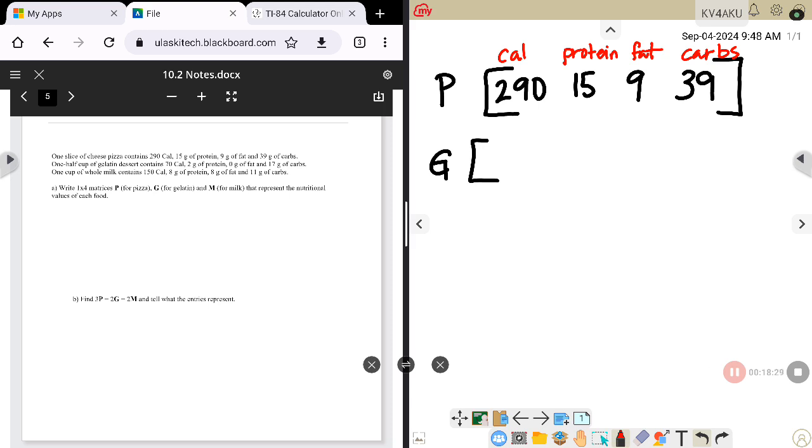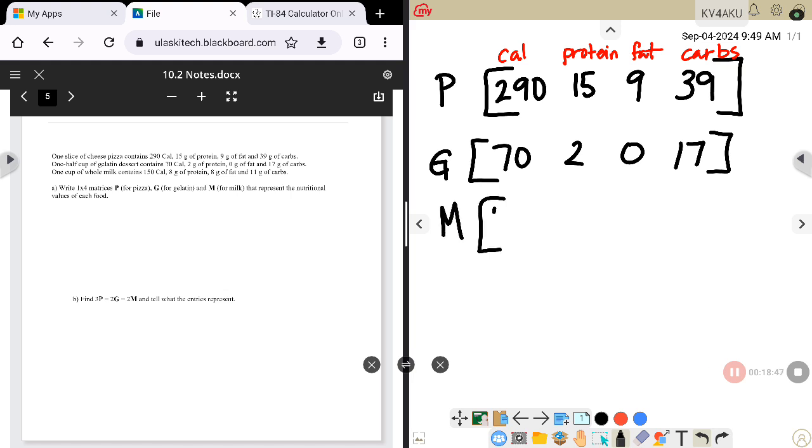So the gelatin, we have 70 calories, 2 grams of protein, 0 grams of fat, and 17 carbs. And then 1 cup of whole milk has 150 calories, 8 grams of protein, 8 grams of fat, and 11 grams of carbs.